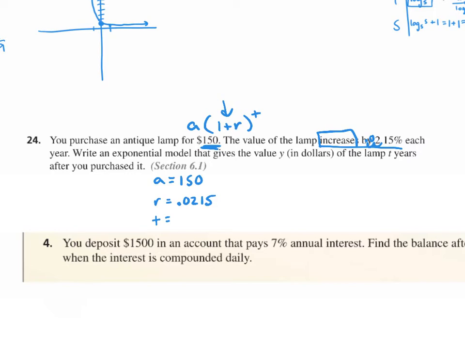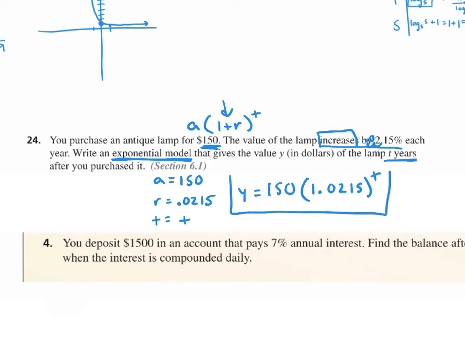It's going to give you the rate in the percent. You have to change it to the decimal. So you just move your decimal twice. And then does it give us anything for T? Nope, it just says t years, so our T is just T. So all it's asking us for is to write the exponential model, so we're just writing the equation. So we got to plug everything in. We have 150 times 1 plus r, so this will be 1.0215 to the power of t. So this is our equation.